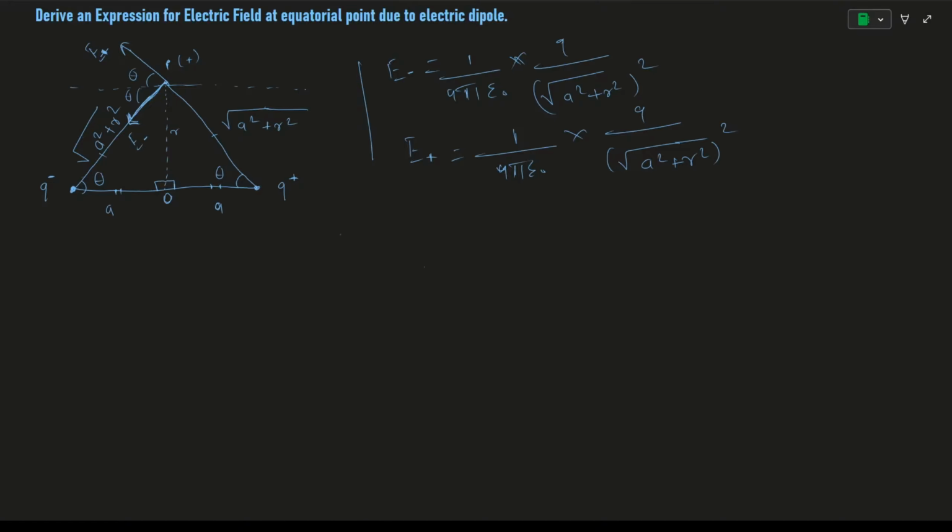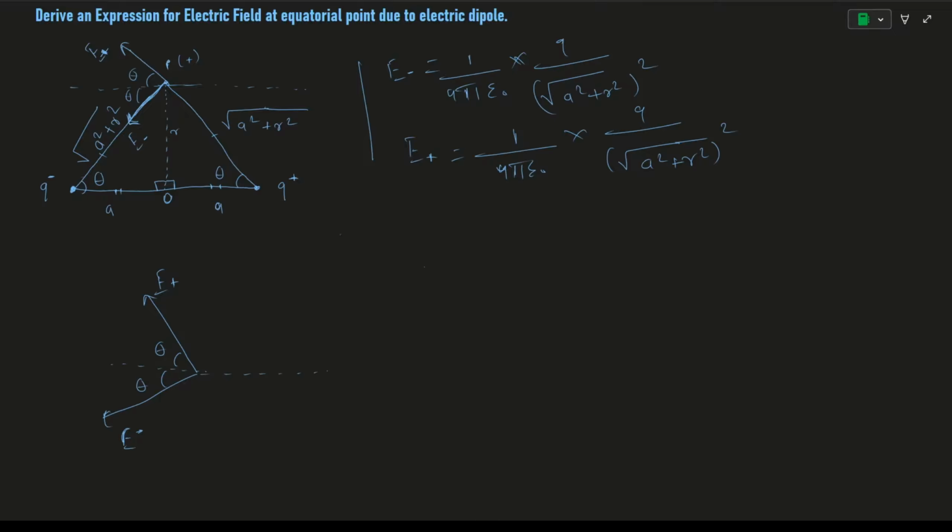Okay, fine. This figure is looking very messy, so I will draw it here so you can see clearly. This is the electric field due to the positive charge, and this is the electric field due to the negative charge. And this was our parallel line. This is making angle theta, and this is also making angle theta.